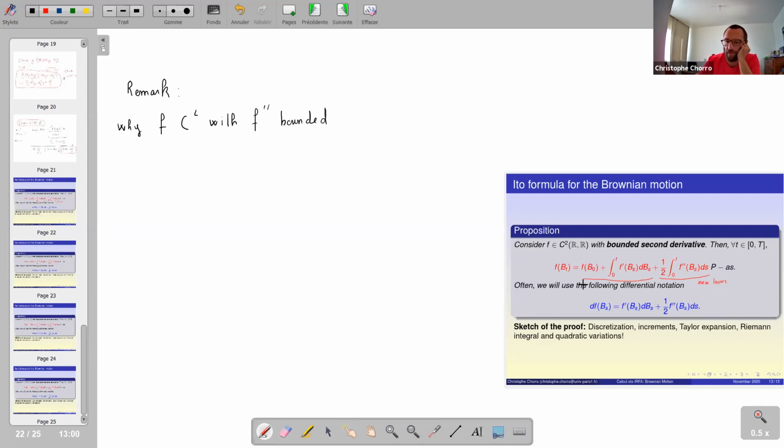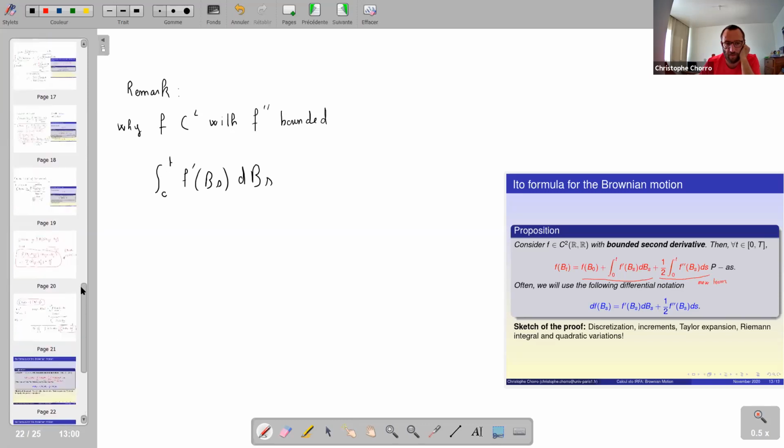So if you see this formula here, I have two integrals. I have this integral here, and the second derivative is bounded, so it's just the integral of a continuous mapping, with f second bounded, so no problem. This Riemann integral here is well defined because f second is continuous and the Brownian trajectory is continuous. For the first integral, f prime of Bs dBs, why is it well defined?